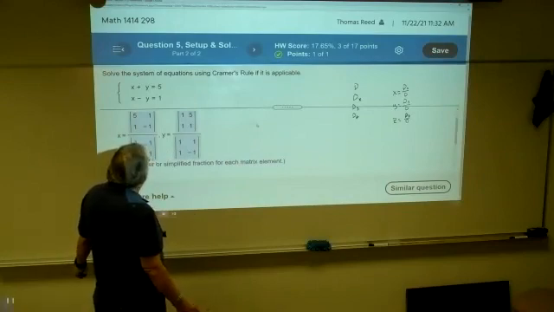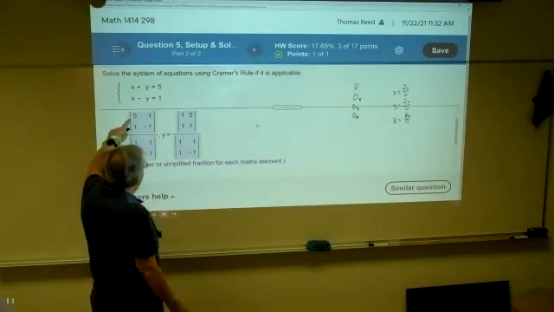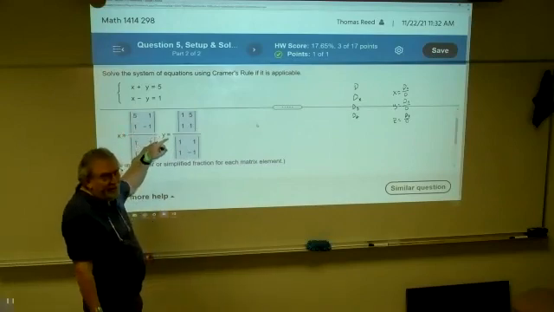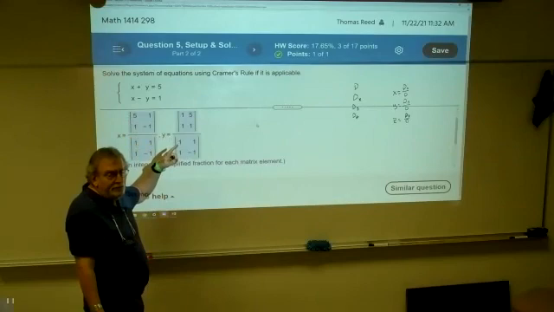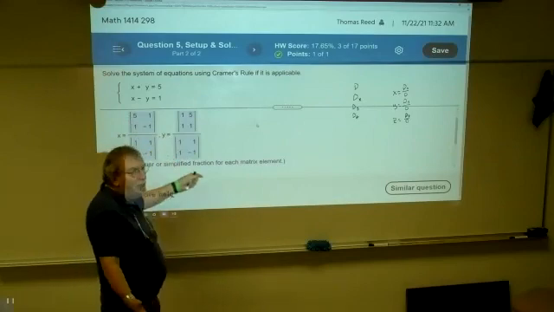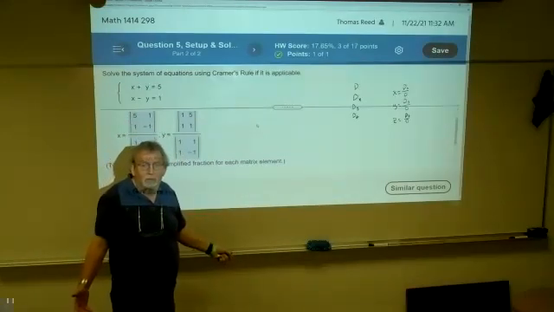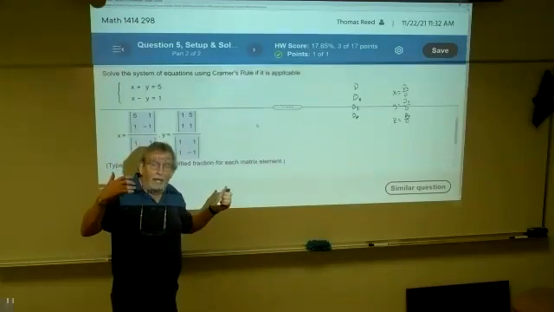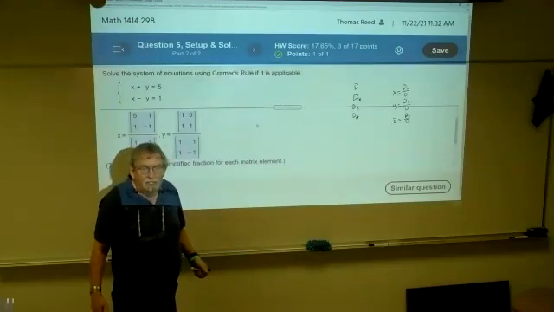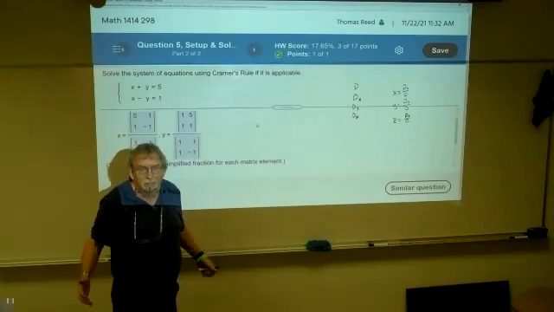when you have 2 by 2 matrices, because that's just the diagonals. You're subtracting the products of the diagonals. And you only have 2 diagonals. Where with a 3 by 3 matrix, you end up with a total of 6 diagonals.